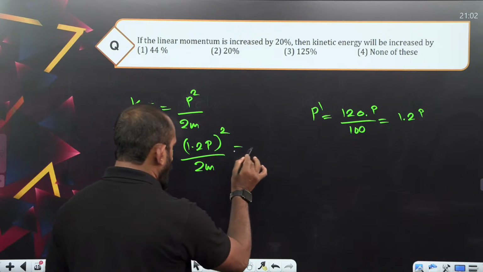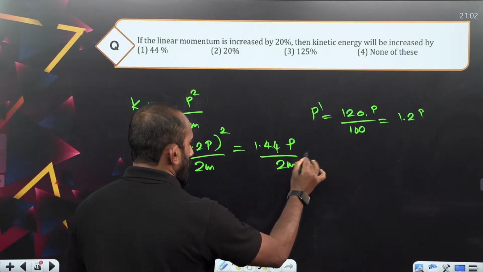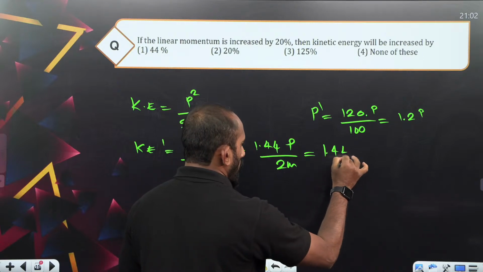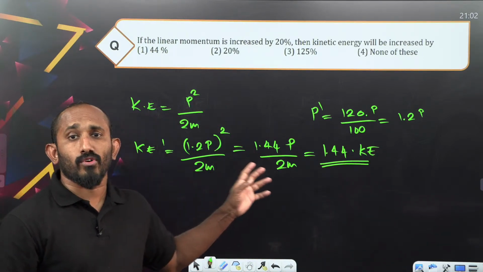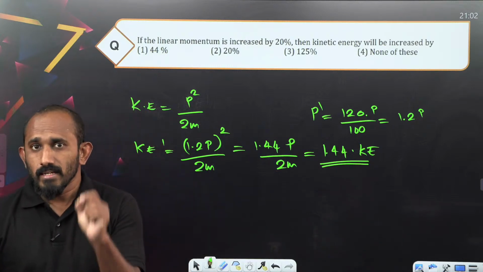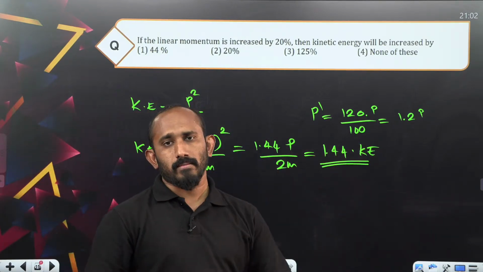So this will be 1.2 square, that is 1.44 P square by 2m. That is nothing but 1.44 KE. So the new kinetic energy is 1.44 times KE. If you increase momentum by 20%, the new kinetic energy will be 1.44 times KE.